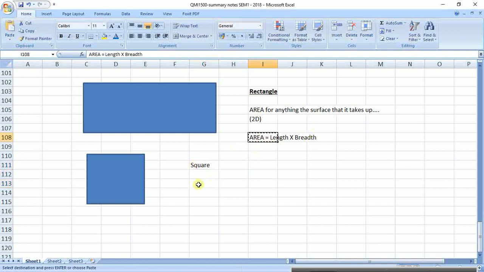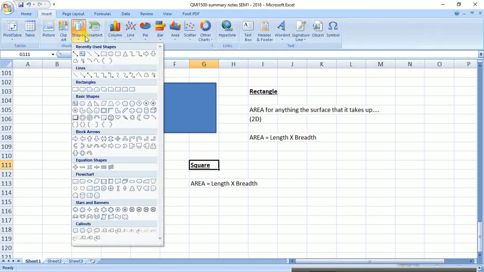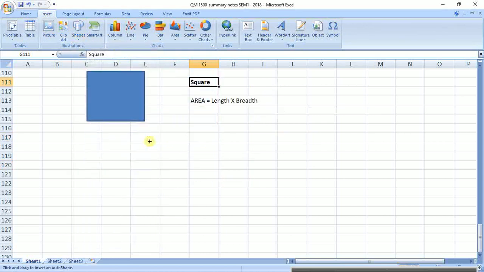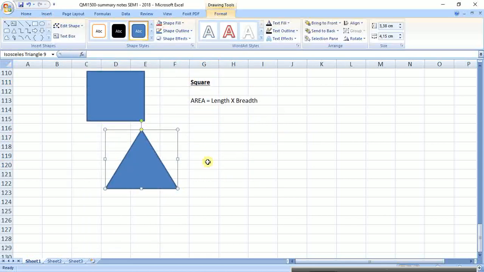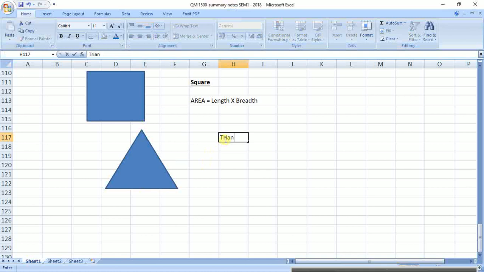Still applies. Length and breadth is the same basically, so it's the same thing. Something else that you can also get is a triangle. With a triangle, area is half base times height.